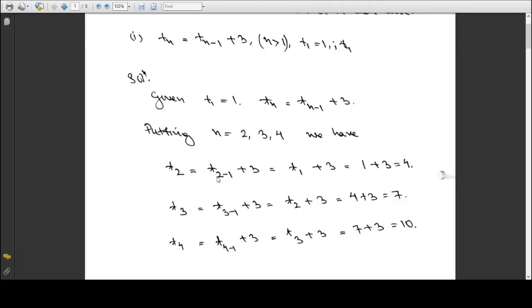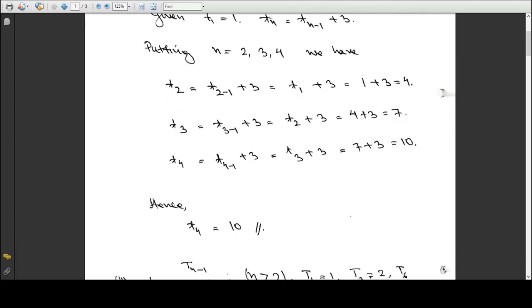We have to find T2 to get T3, and find T3 to get T4, because for T4 you need T3 here, isn't it? Therefore you have to first find the value of T3, substitute it here, and then you'll get the value of term 4. Hence here the term 4 will be 10.